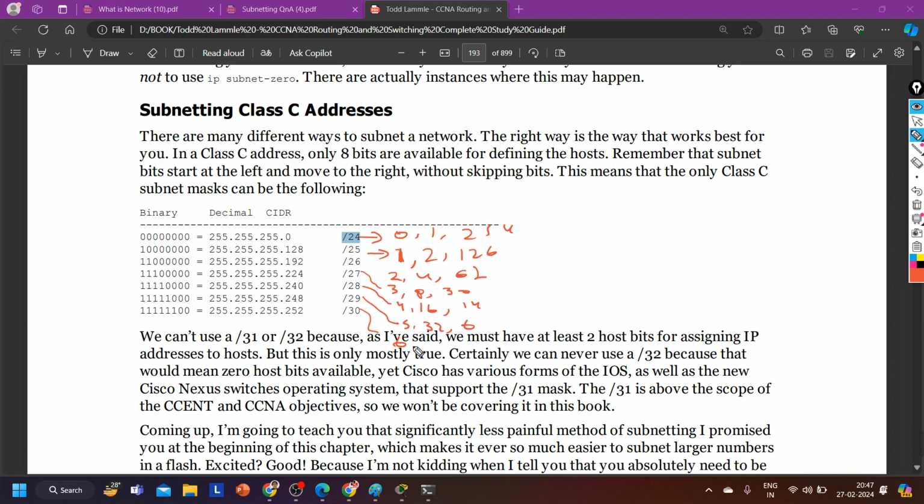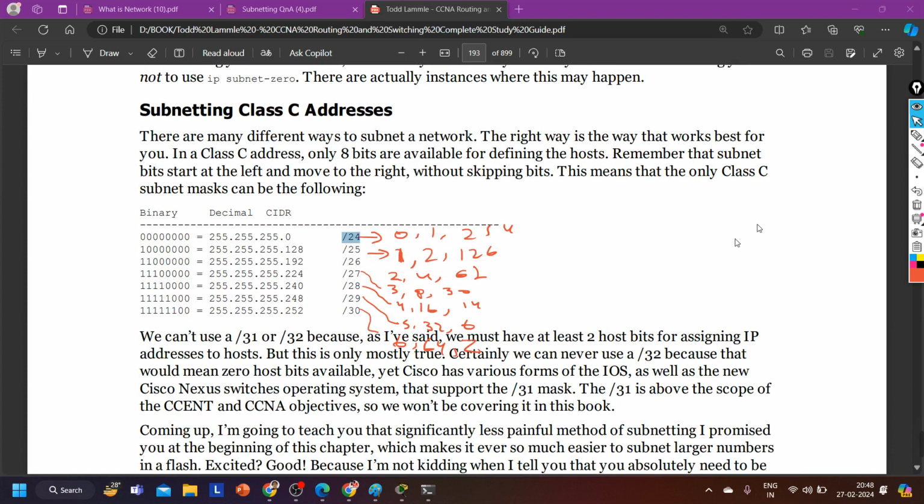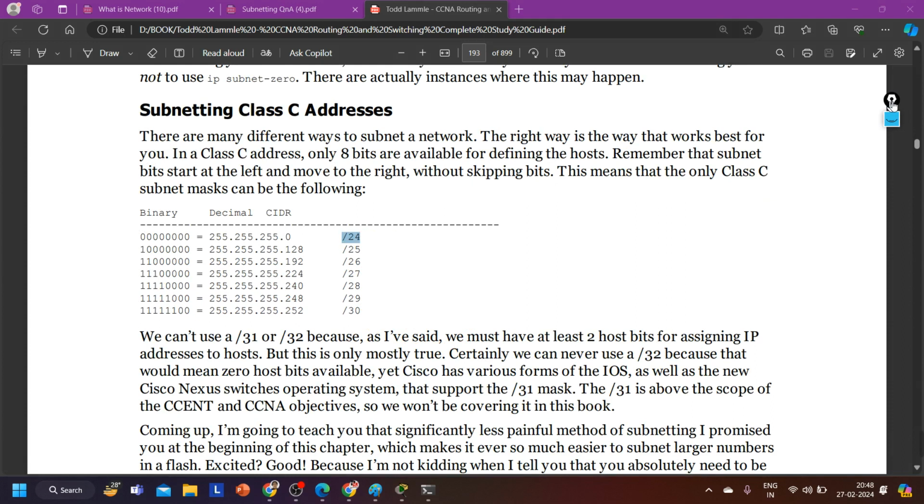From this, how many bits do we have? 6 bits, so 64 networks and 2 valid hosts. So guys, if you divide, what is happening?